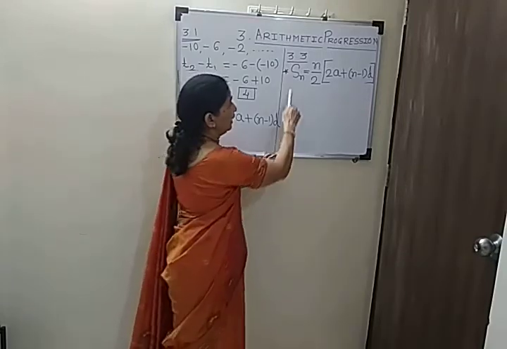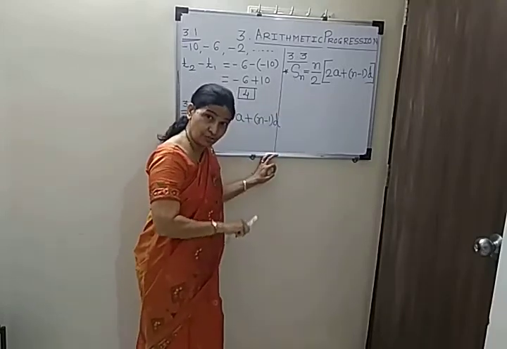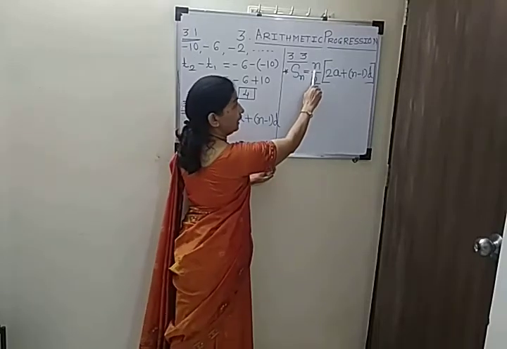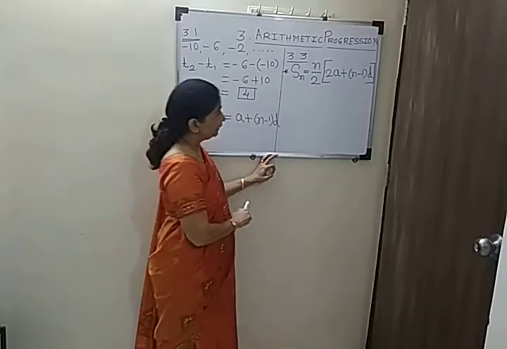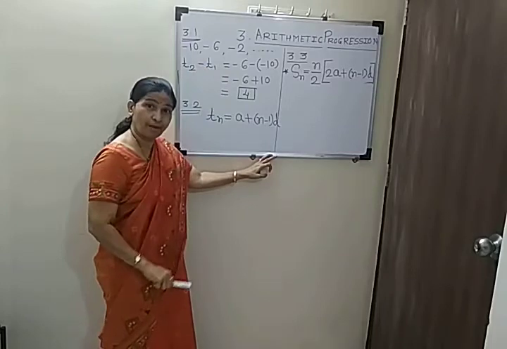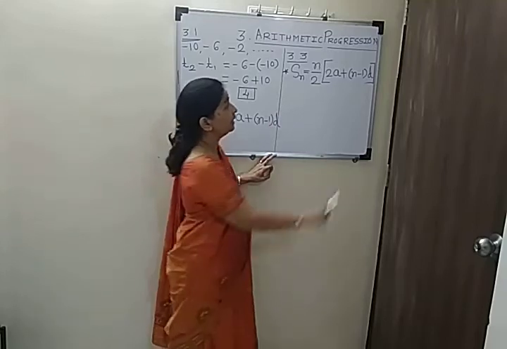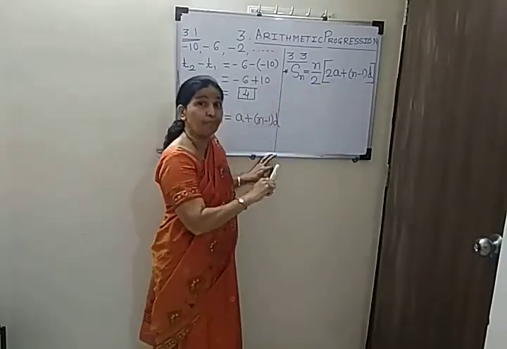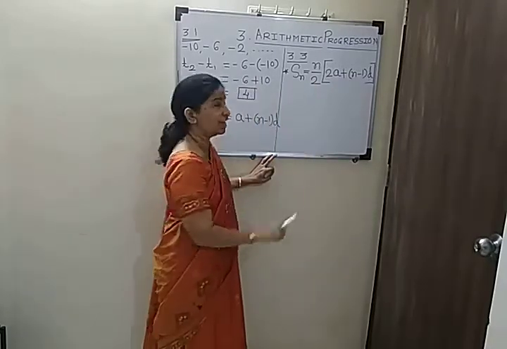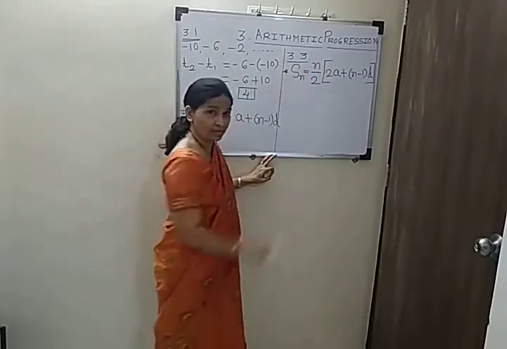Where S stands for summation, addition. N stands for number, then A stands for the first term of the AP, then again n for number, and d for the common difference, which must be constant for the arithmetic progression.